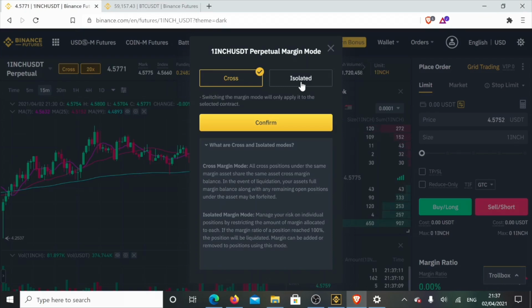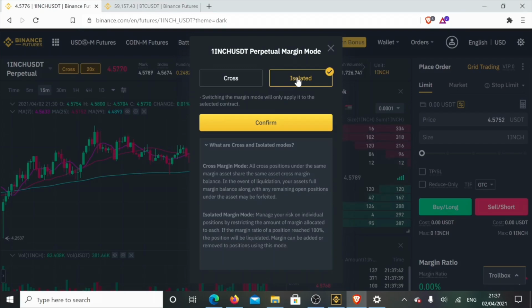But isolated, just like the name, isolates a trade. When you want to trade, you can click on it, and it means whatever happens in the trade will not affect your balance. So if you're clicking just on isolated, it means that particular trade, let's say you want to trade on 1 inch and you want to use 500 from your 1,000 balance.